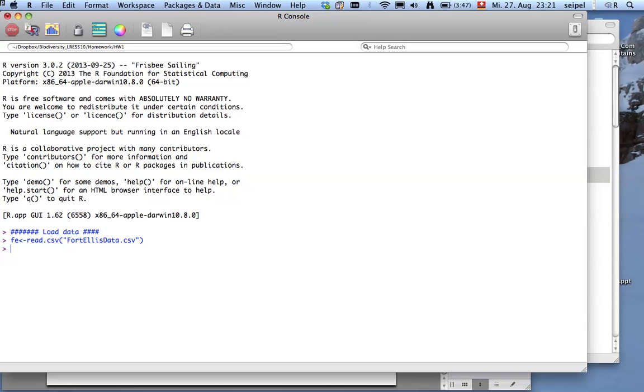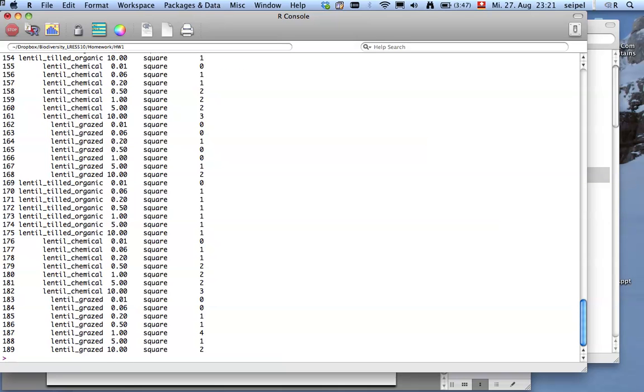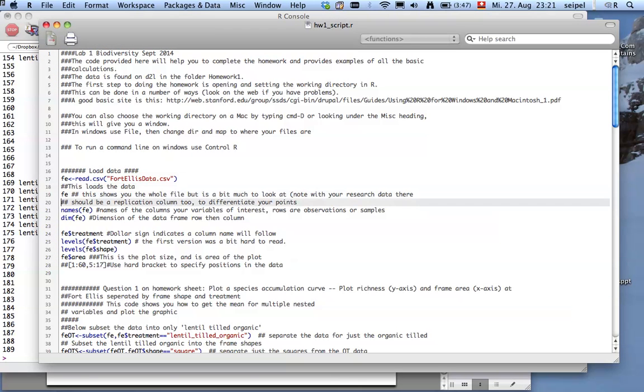You can see I got no errors. And now if I press FE, it will show me the data. It's difficult to view the data, so I would like to see just the basic names of the columns, because the data here is organized into a matrix where rows are observations and columns are richness or species, one of our response variables.